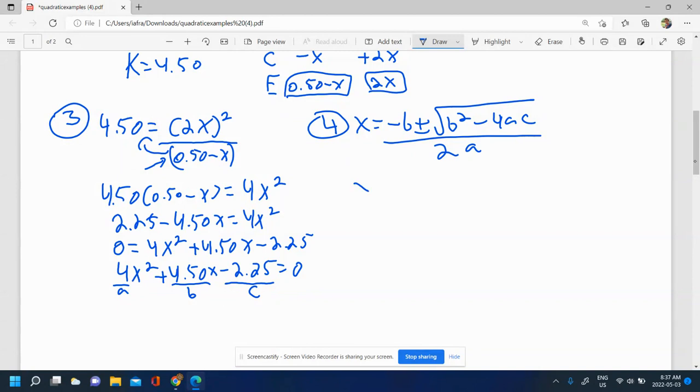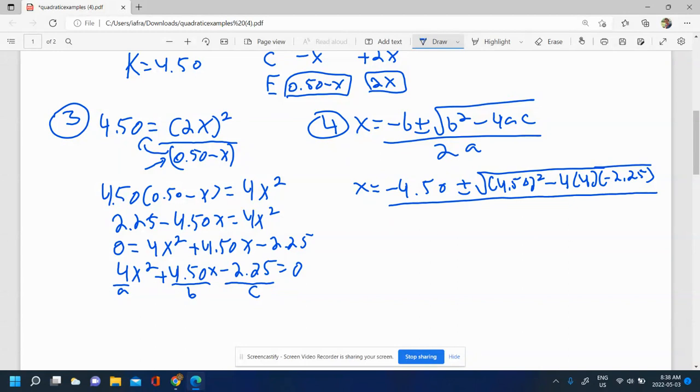So x is going to be equal to minus 4.50 plus or minus square root of b squared, so 4.5 squared, minus 4 times 4 times negative 2.25, because the c is negative, over 2 times 4.